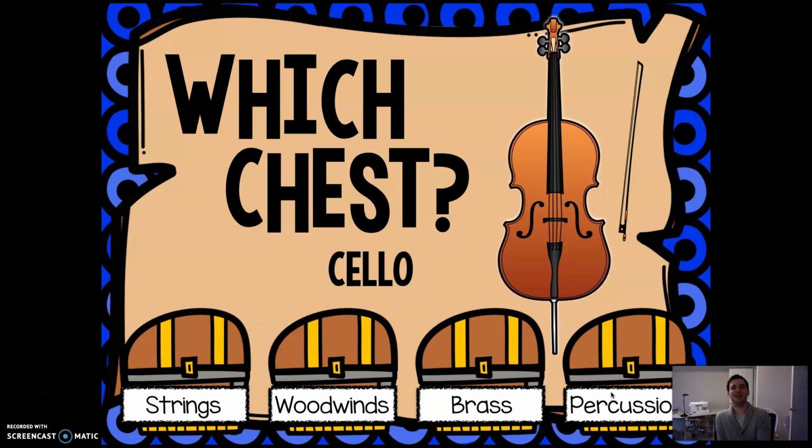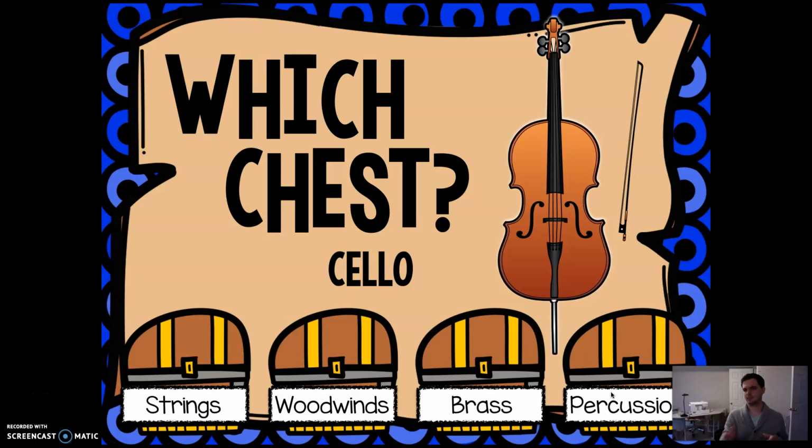Hey, the cello, an old friend that we've gotten to play with. A very, very fun instrument. The cello, as you can see, has strings on it. It uses a bow to draw across the strings to create a vibration and the sound. You can also pluck it to make the sound as well.